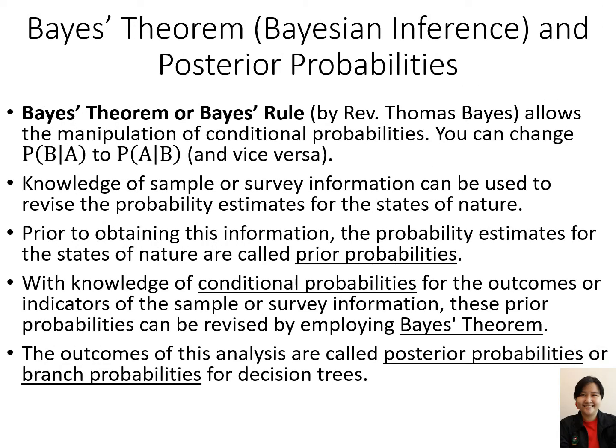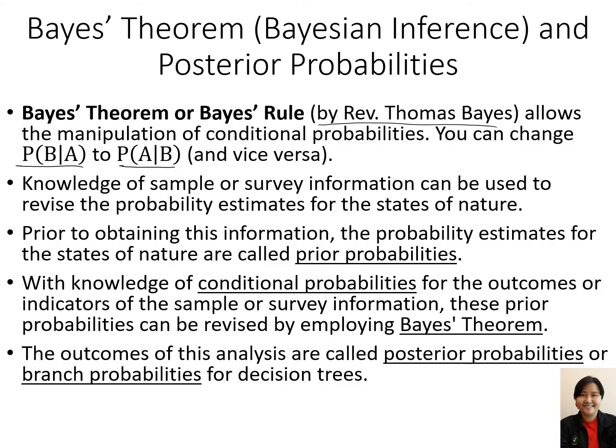The Bayes theorem, Bayesian inference, or Bayes rule allows the manipulation of conditional probabilities to change them to posterior probabilities. It was developed by Reverend Thomas Bayes, where you can change the probability of B occurring given A to the probability of A occurring given B. If we have knowledge of sample or survey information, then we can revise the probability estimates for the states of nature.